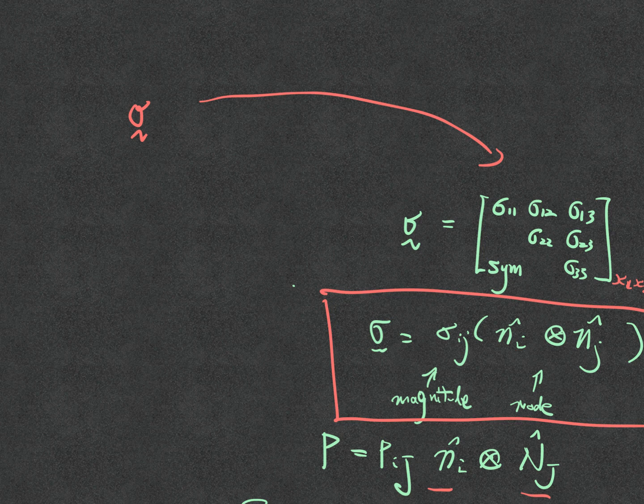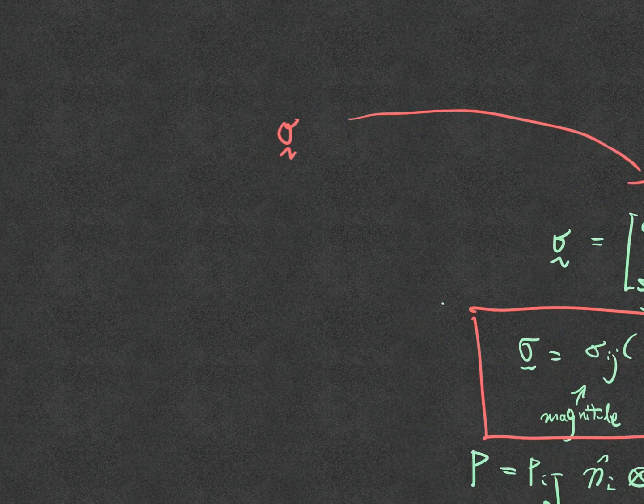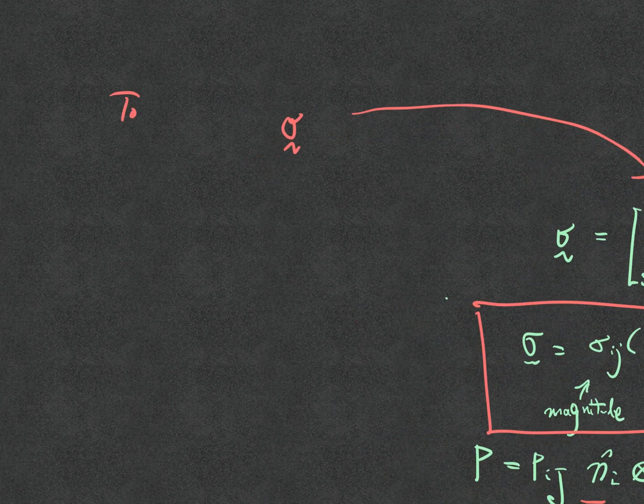If you see the word spectral in mathematics, it is usually related to some kind of decomposition, in particular eigenvalue decomposition. In our case, this is exactly like that. To represent the stress in the spectral directions, I have the opportunity to split the magnitude and the mode or directions.